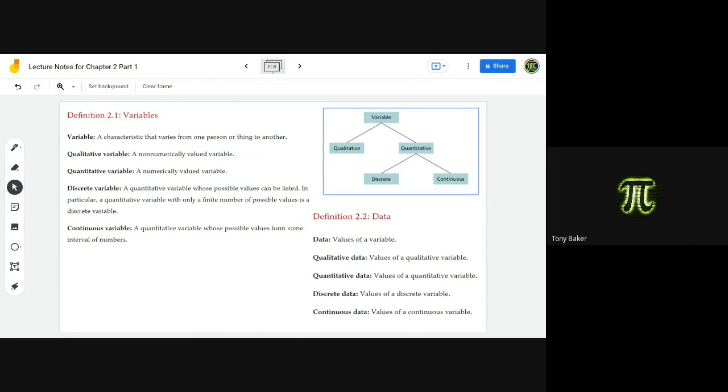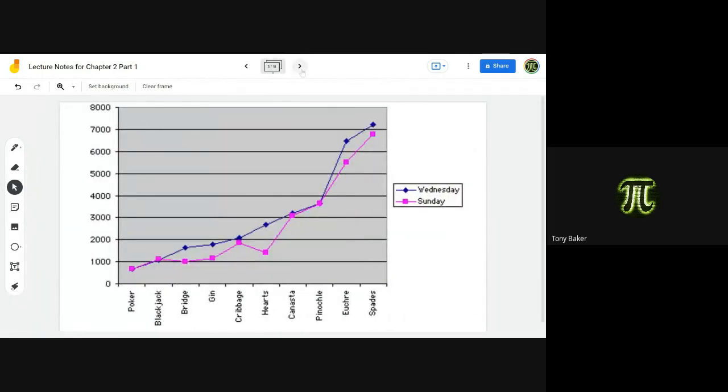All right, data. So we have our variables. Data is the values of all those variables. In this graph that we looked at, what is one of my two variables?